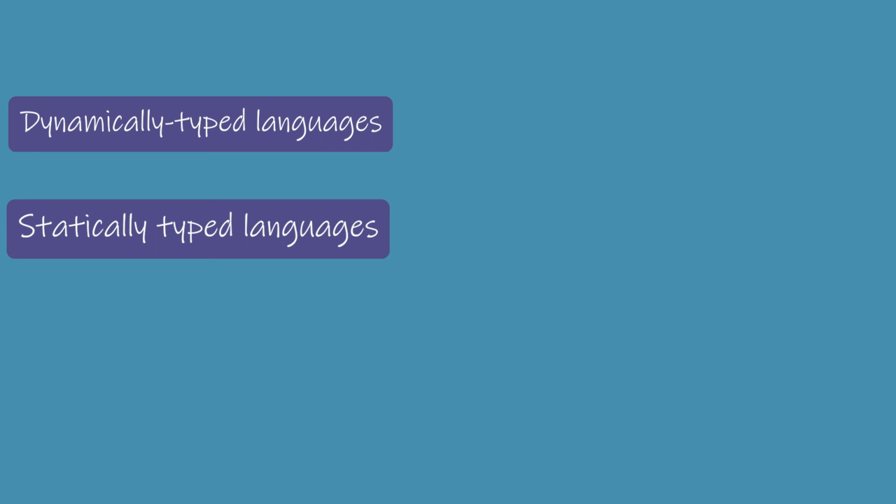There are two types of language: dynamically typed language and statically typed language. Statically typed language is where the type of a variable is known at compile time. For some languages, this means that you as the programmer must specify what type each variable is, for example Java, C, C++.